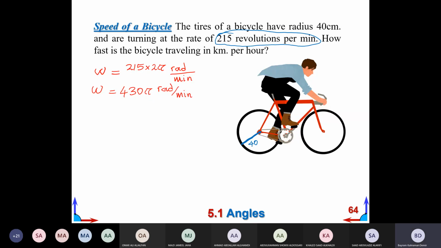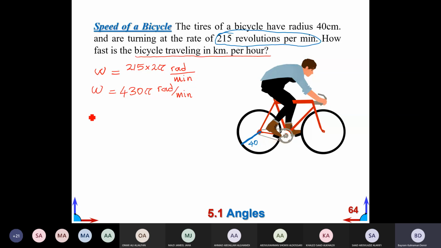If the question wants you to switch to per second, then you need to change the minute to second. Instead of minute, you can write 60 seconds, so you can simplify, right, Shabab? But I didn't change minute to second because look at the question, Shabab. What is the bicycle's speed in kilometer per hour? So we should not go to second. We need to go to per hour, sir.